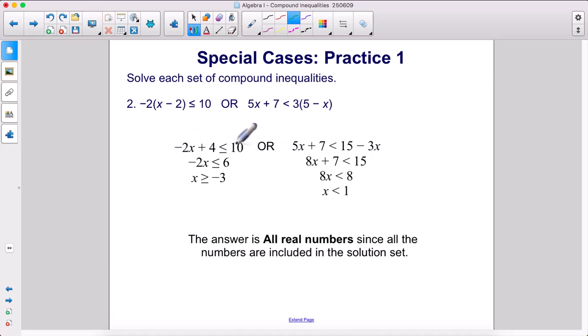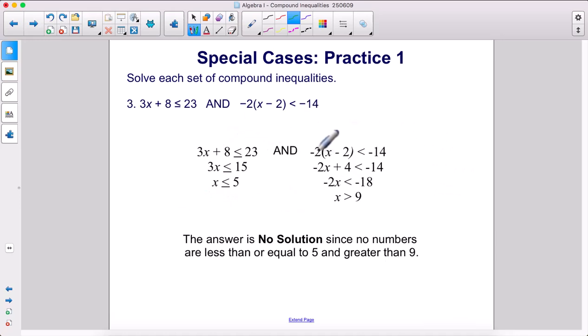When we solve the first inequality, we get x is greater than or equal to negative 3. So this way. And if we solve the second one, we get x is less than 1. So here's 1 that way. The answer is all real numbers, since all the numbers are included in the solution set.